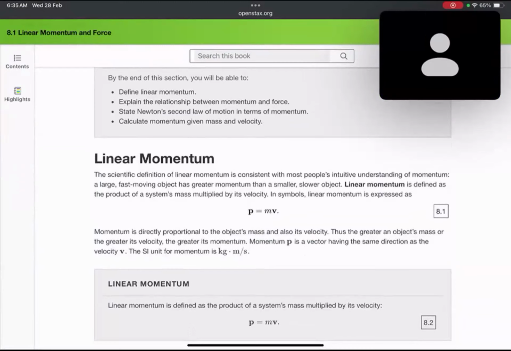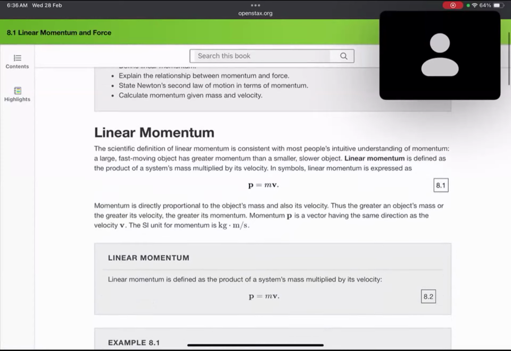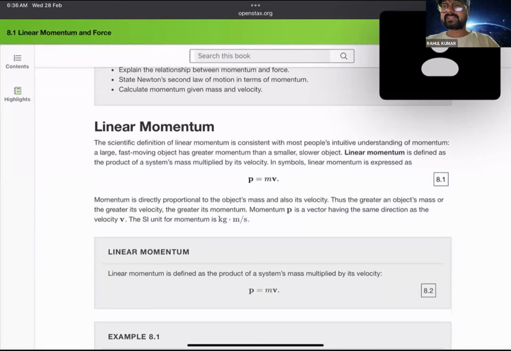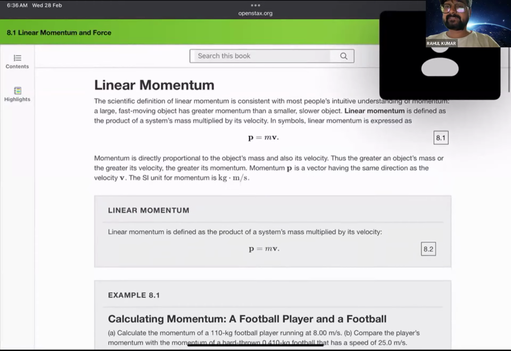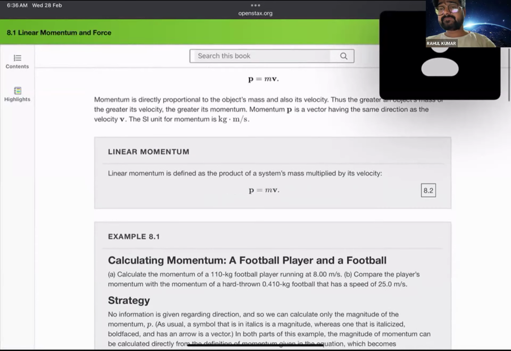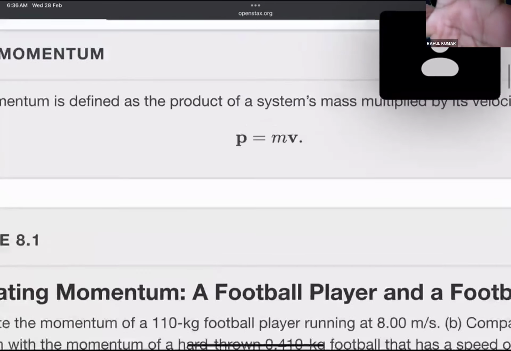If I say the momentum is 2 and if I say my momentum is negative 2, both are different, because there is mass and velocity, and velocity is a vector quantity. For that, sign matters. Since it is a product of a scalar and a vector quantity, momentum is itself also a vector quantity. So this is the formula for momentum of any body.